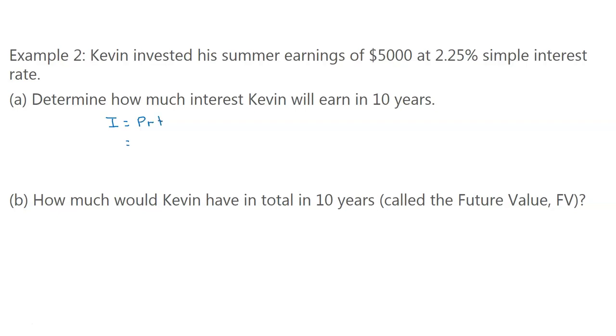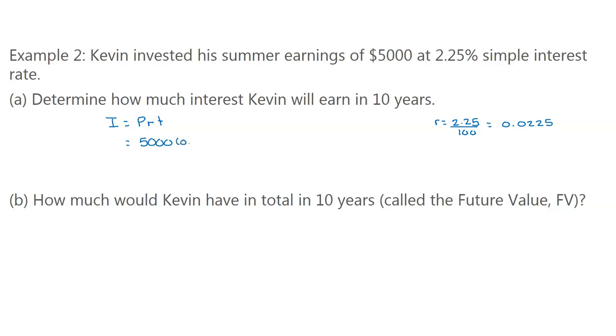Now the amount that he initially invested was $5,000, so that's P. Now the R value is found by taking 2.25 and dividing that by 100, which is 0.0225. So you can do that on the calculator, or you can always just move your decimal 2 places to the left when you divide by 100.